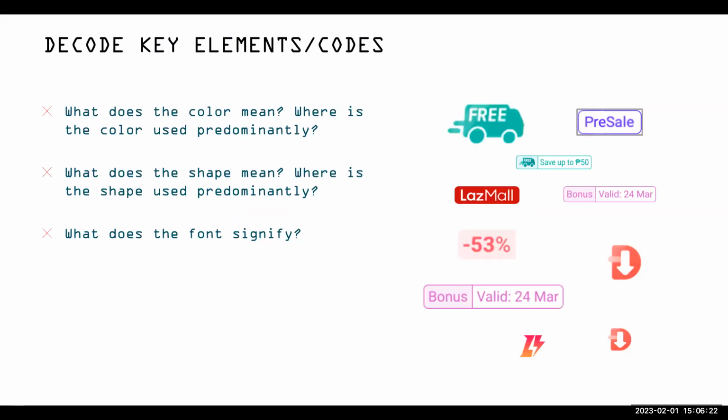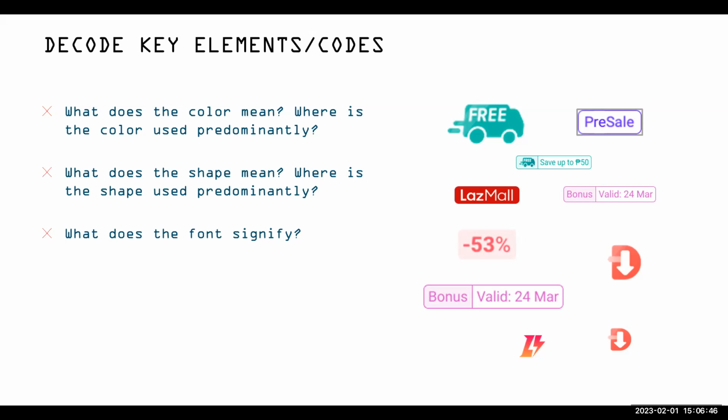So when you choose signs and symbols for the app, you look at what does the color mean, where it is used predominantly, not what it means, where else is it used. Is it used in other shopping apps? It's used in Shopee, in Tokopedia, which is your biggest competitor in Indonesia. So you look across different countries, what does the color mean in the different countries?